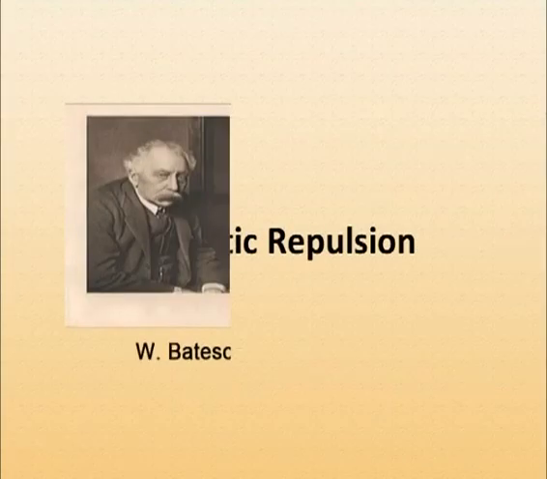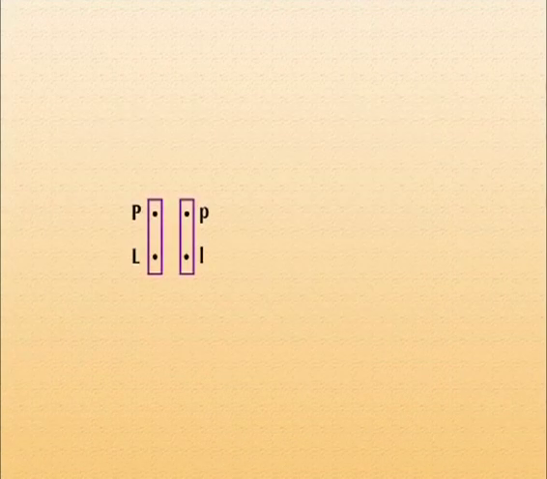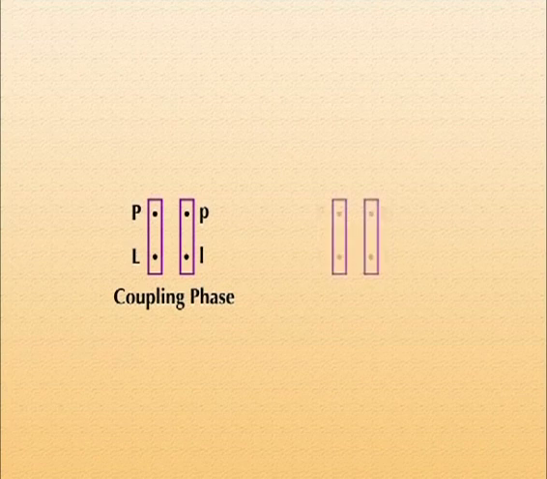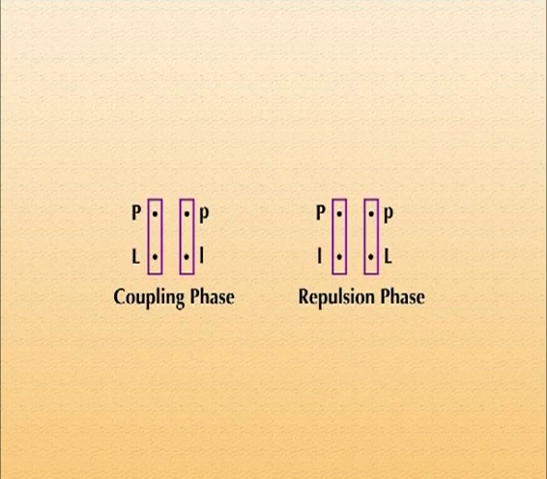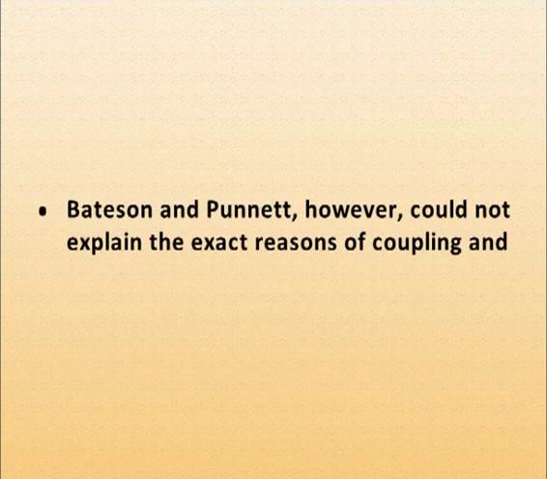This was called gametic repulsion. Thus, in Bateson and Punnett's experiment, the two dominant alleles in sweet pea and their recessive counterparts could be in coupling or repulsion phase. Bateson and Punnett, however, could not explain the exact reasons of coupling and repulsion.